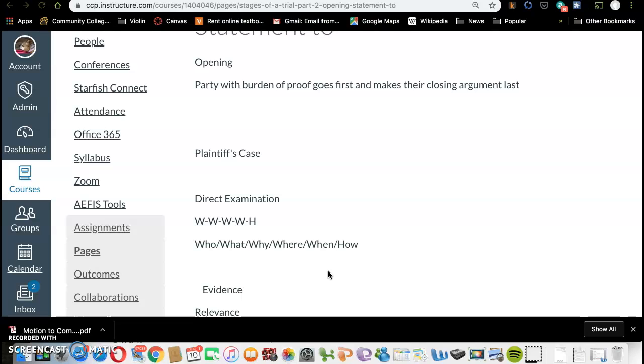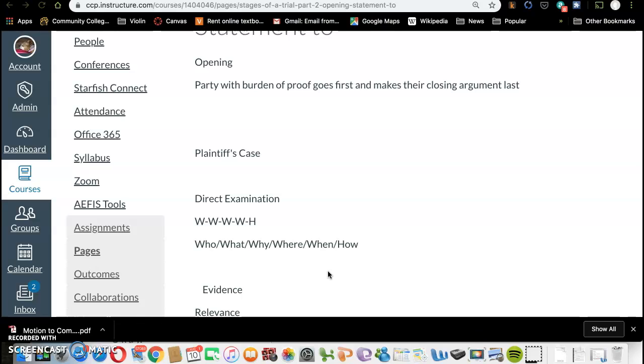So any question that starts with that phrase, who, or what, or why, where, when, how, all of those kinds of questions are going to be appropriate. And the idea is that with the questioning, you want the information to come from the witness. The attorney shouldn't be providing it.